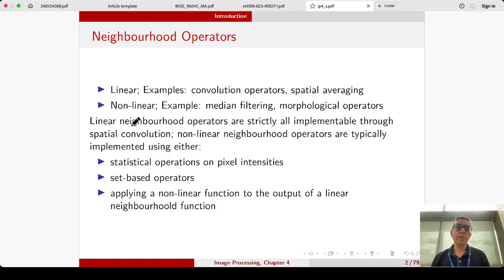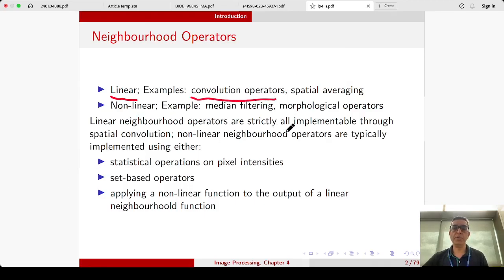So one of the interesting things, however, about linear, so we're going to look at both linear and nonlinear, but nonlinear actually represents a huge class, but it is very difficult to get a handle on that class. Linear operators also represent a very large class, but the nice thing about linear operators is that they can all be implemented by convolution.